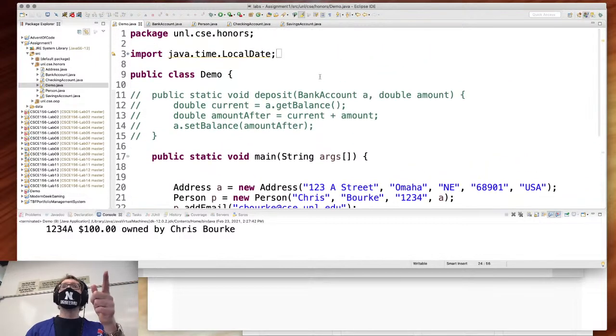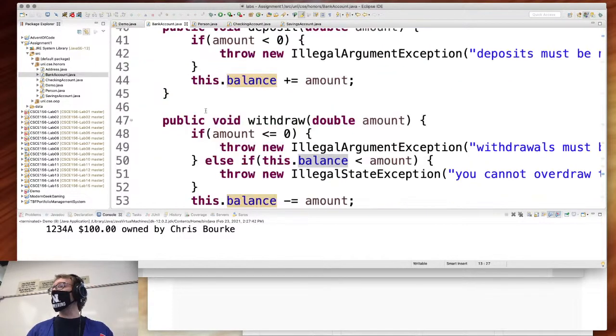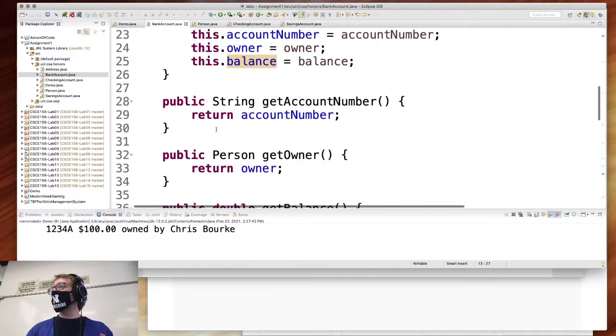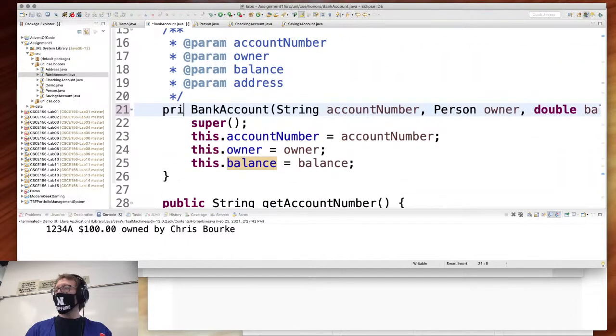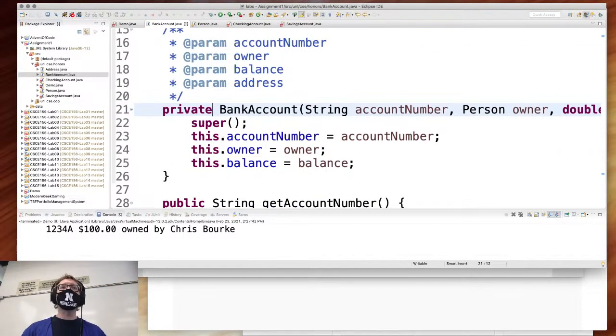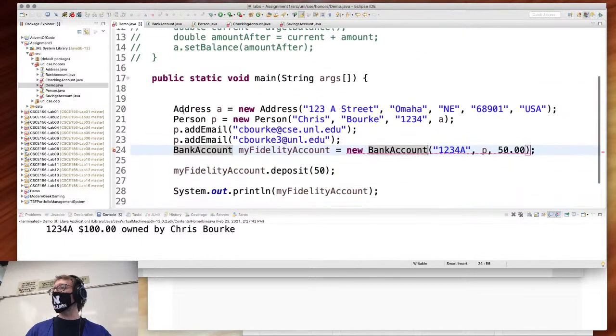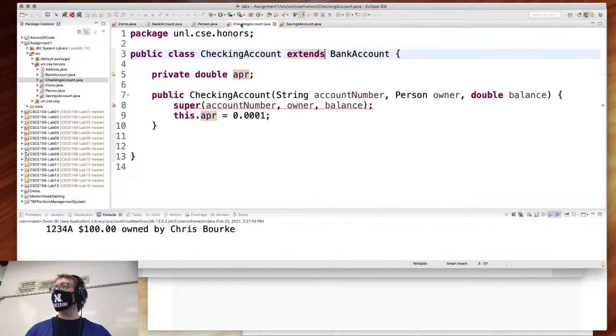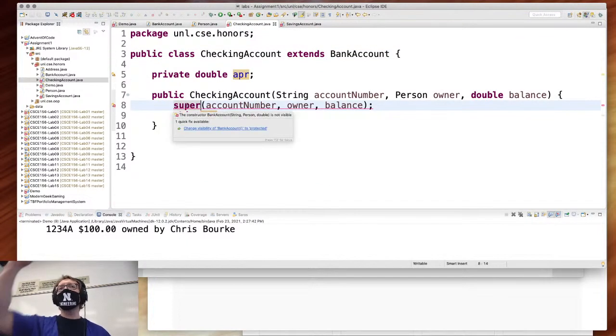Say what? Oh, okay. One thing we could do, that's a good idea. One thing we could do is we could make this constructor private. And that prevents me certainly from doing it in the demo over here, but it breaks a whole bunch of other things. The subclass can no longer call its superclass because when something is private, only the class can see it.